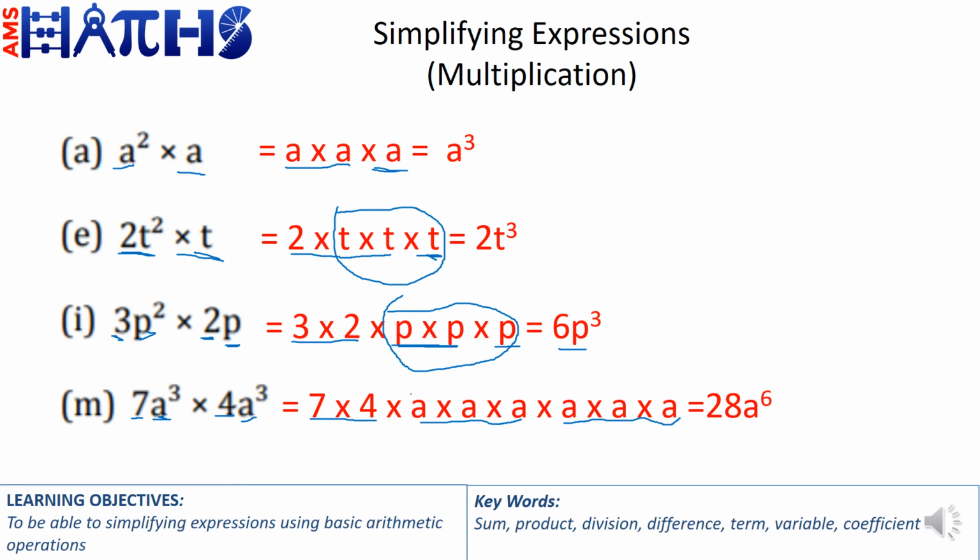So now we have 6 a's being multiplied together. So a is being multiplied by itself 6 times. So we call that a to the power of 6. So we have 7 times 4, which is 28, and a times a times a times a times a times a gives us a to the power of 6. So our final answer is 28a to the power of 6.